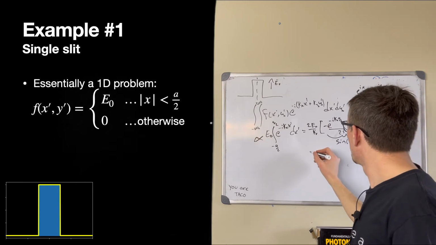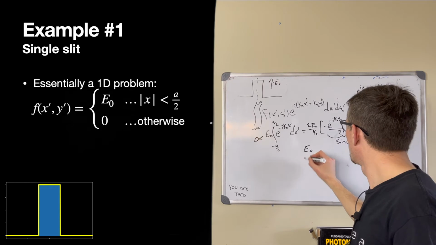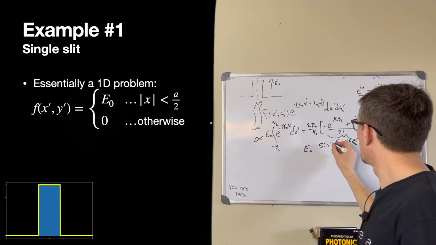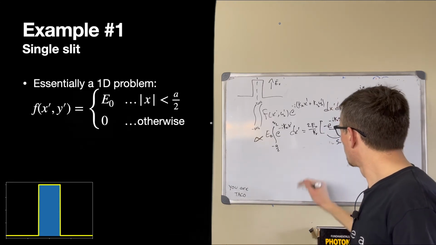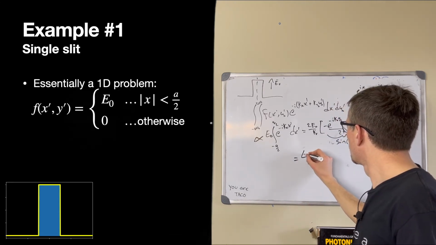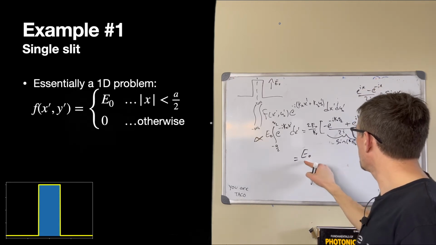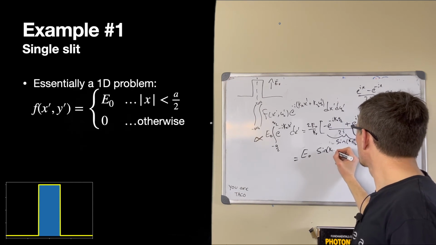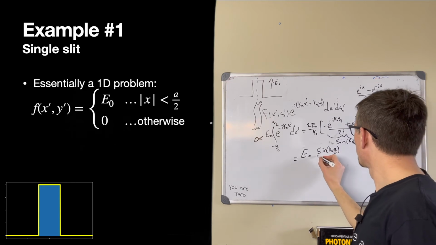So we have E naught times sine of kx times a over 2, and we have this kx here.